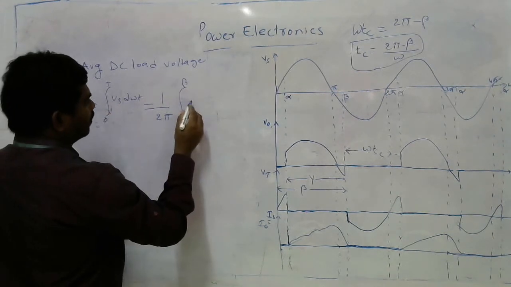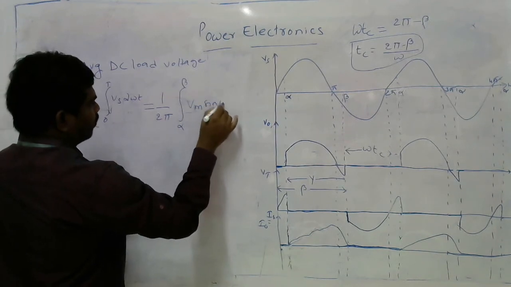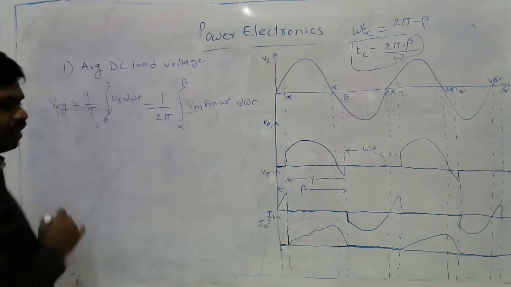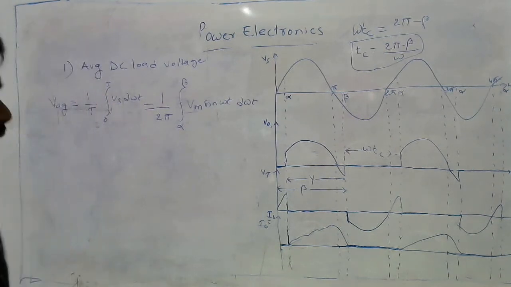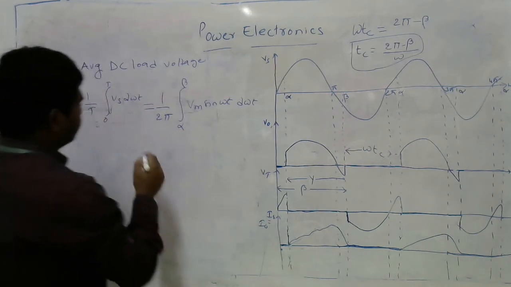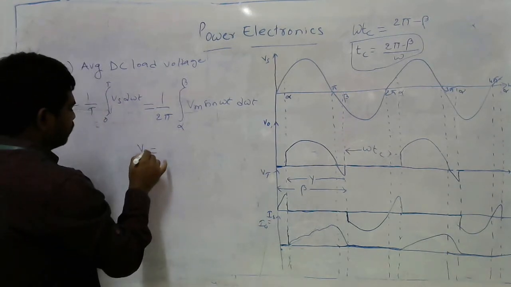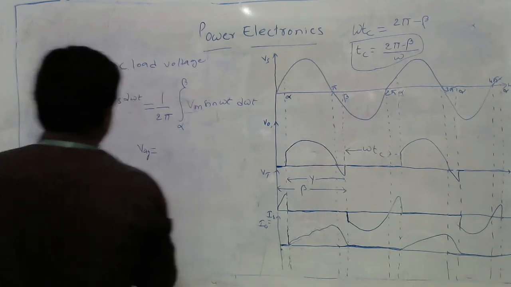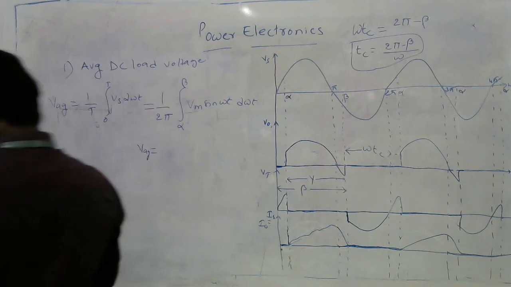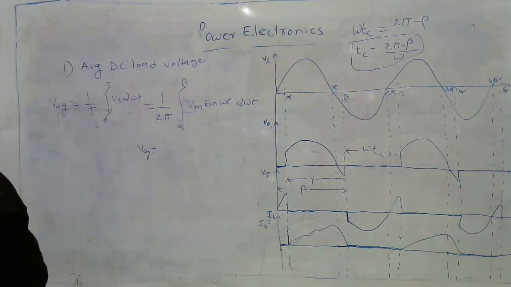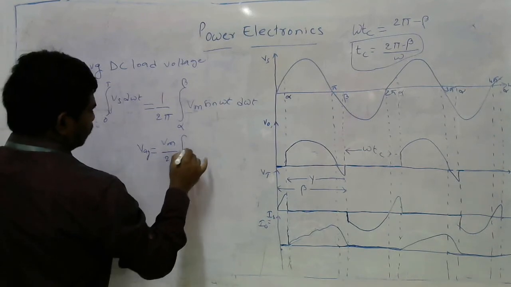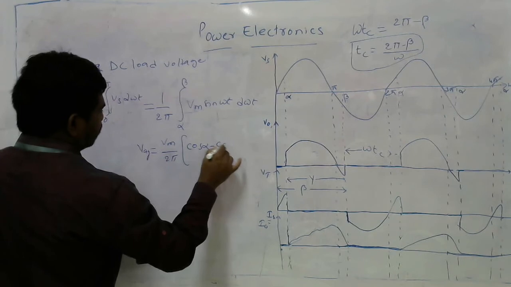This is called discontinuous mode, and I am taking directly Vm sin omega t d omega t. After applying some trigonometric methods, we get one equation for V average for discontinuous mode of operation, that is Vm by 2 pi of cos alpha minus cos beta.